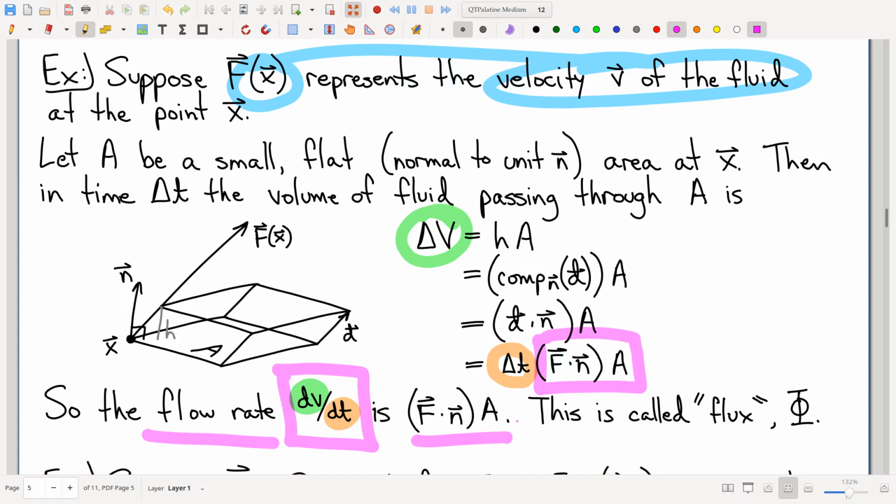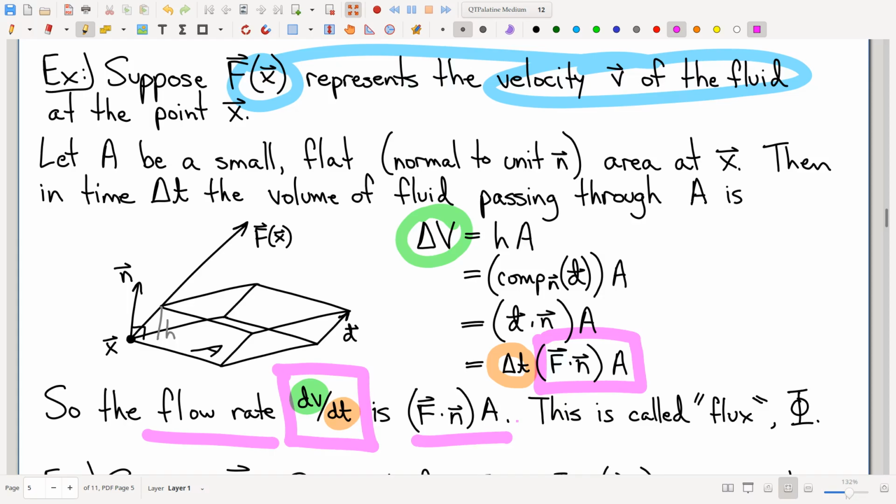And this expression, F dot N times area, ends up being really important. This is going to be one of the major concepts that we're going to be talking about in Chapter 7. And it turns out this is going to relate to the calculus of vector fields in a really important way. Okay. So anyway, if only because it's the answer to a natural question, but also because it's going to be a major player in later discussions, this deserves a name and a notation.